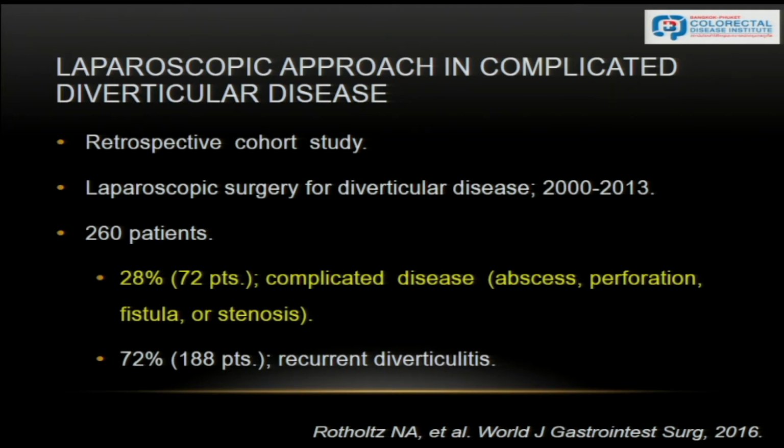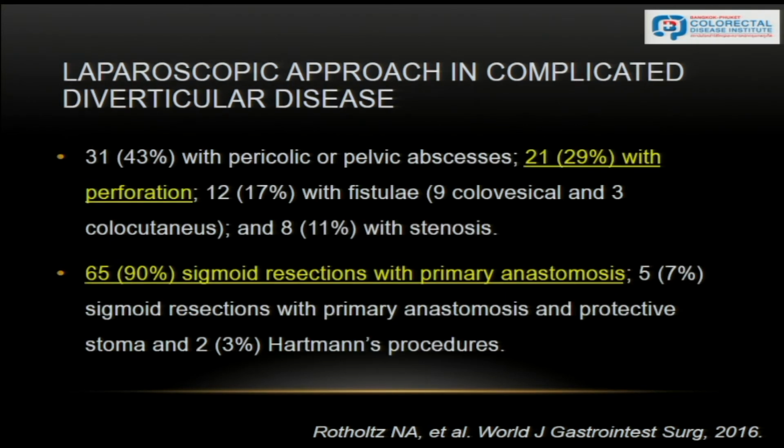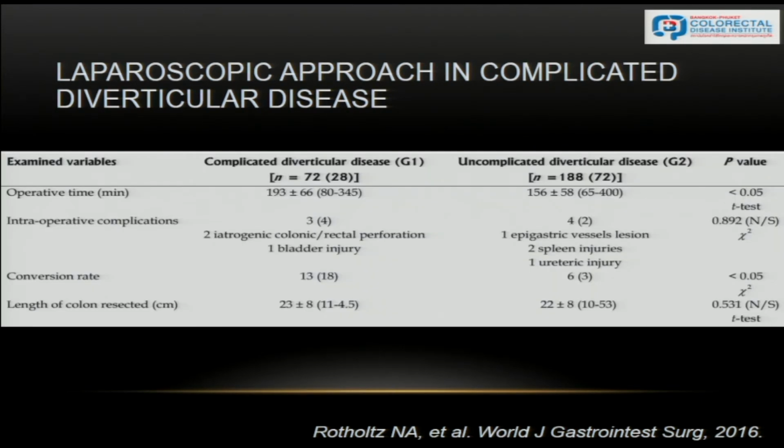And this is another recent study reported in 2016 of 260 patients, and 28% of these patients had complicated diverticulitis: abscesses, perforation, fistula, stenosis. There were 21 cases with perforation, and 90% of all these cases were resected with primary anastomosis.